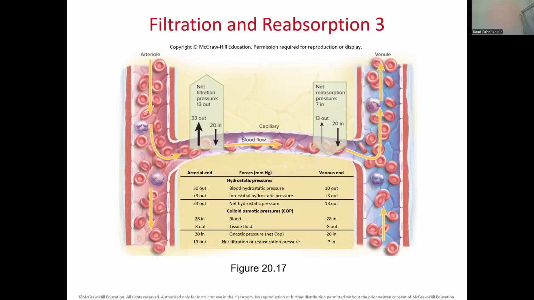So the oncotic pressure is going to favor leakage out from the tissue or leakage into the tissue. The oncotic pressure, is it going to cause fluid to leak out from the tissue into the blood or out from the blood into the tissue?